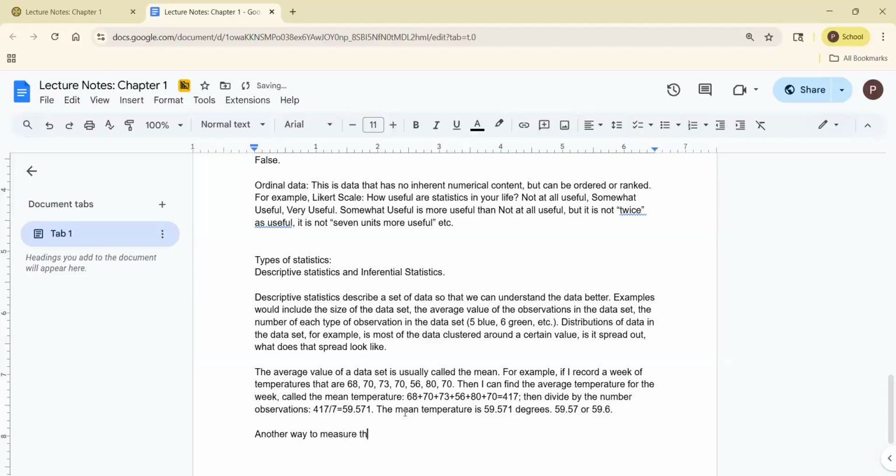Another way to measure the average of a data set is to find the central value from the data. This is called the median. So if I take my week of temperatures, 68, 70, 73, 70, 56, 18, 70, I can find the central one by ordering them.